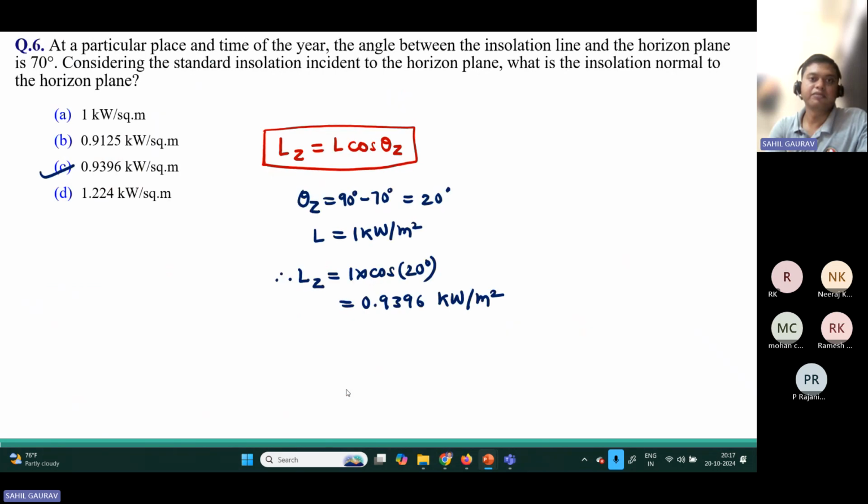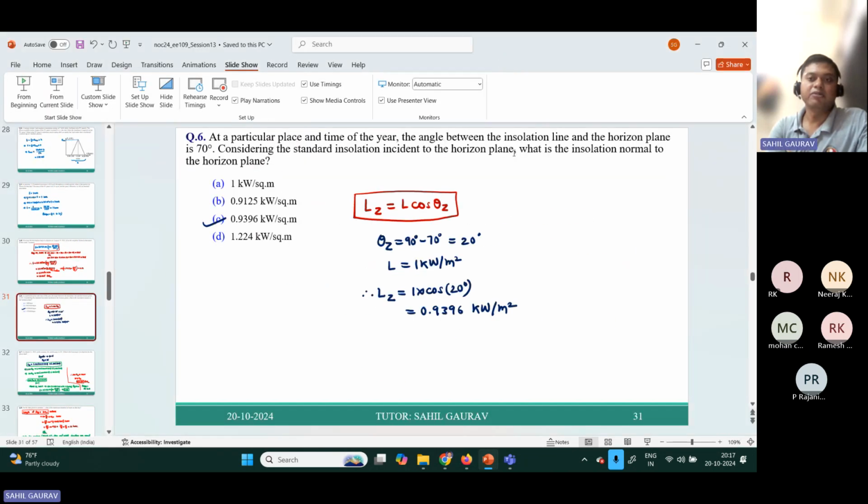Now coming to the next problem. In this problem they are asking: the angle between the insolation line and horizon plane is 70 degree. Considering the standard insolation incident to horizon plane, what is the insolation normal to the horizon plane? So this theta z you have to find.